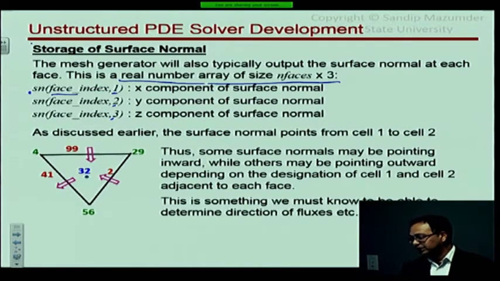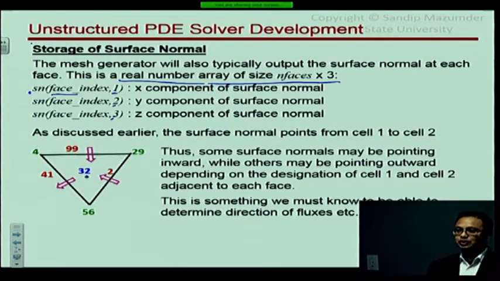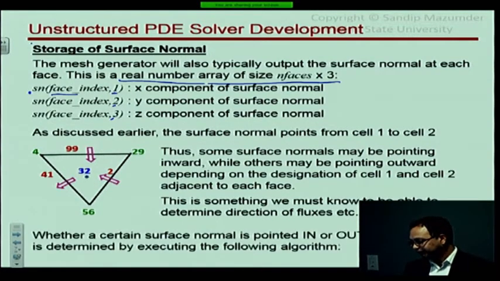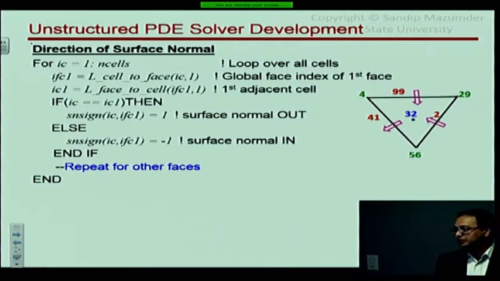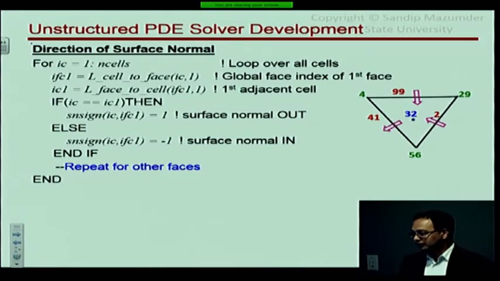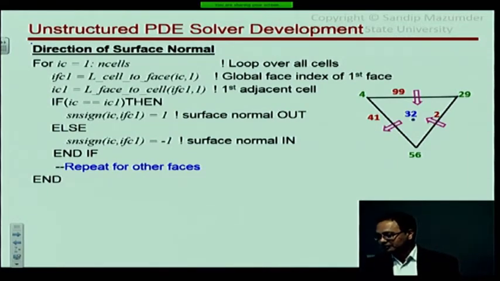But we need to know that a priori to be able to do our calculations. If I'm at a cell, I must know which way my surface normals are pointed at each face, whether inward or outward. So how do we determine that? Here is how. Suppose I'm at a given cell, IC equal to 1, let's say I start with.